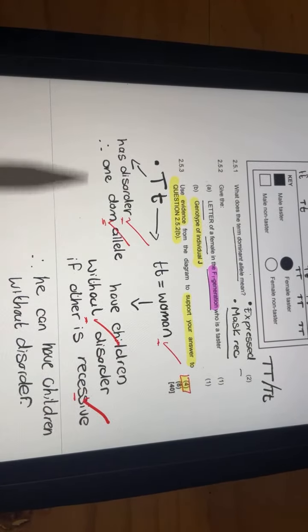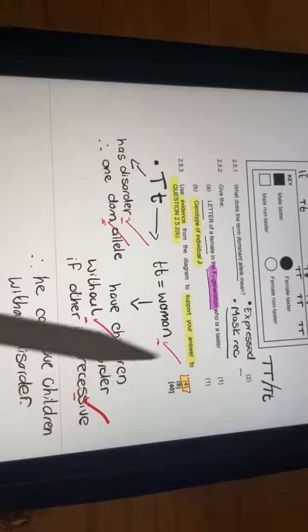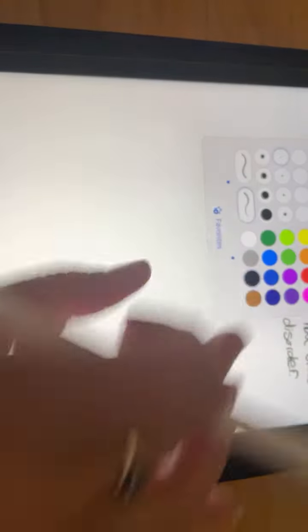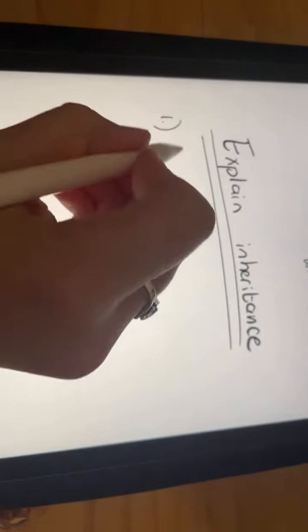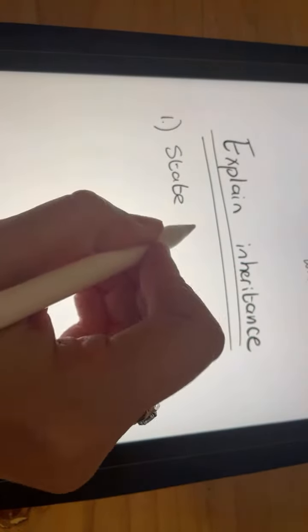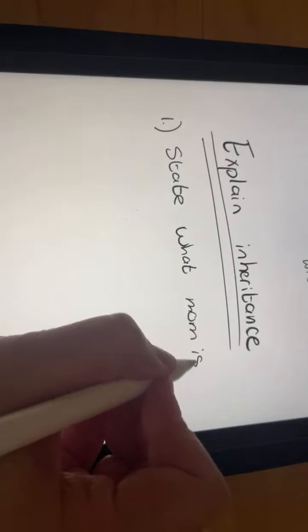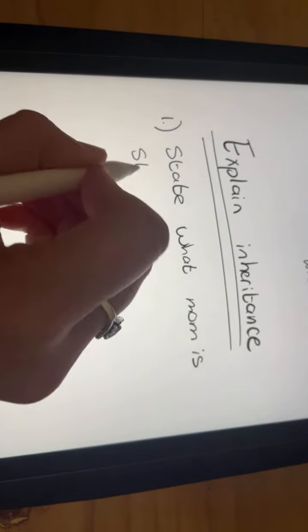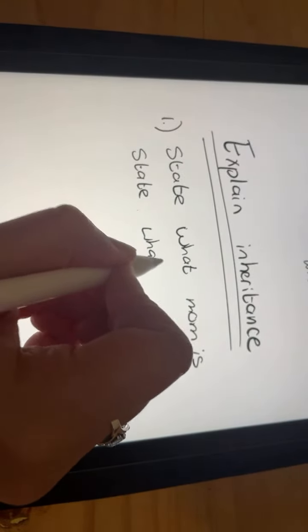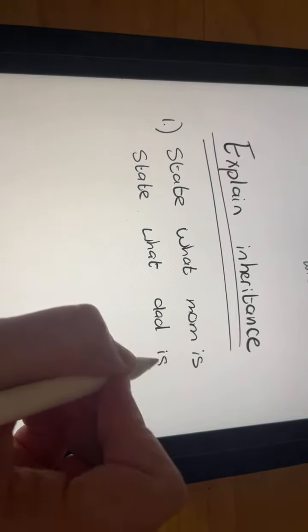So those are your options. And so I had a sort of a method to these answers, so I'm just going to write it out for you. Whenever you have to explain inheritance, this is the formula that you can use for the answer. Okay, number 1, you're going to state what mom is, and then you're going to state what dad is.